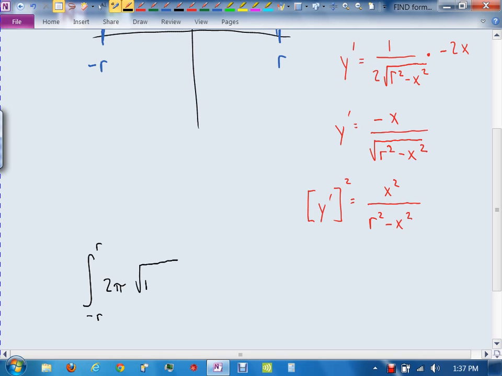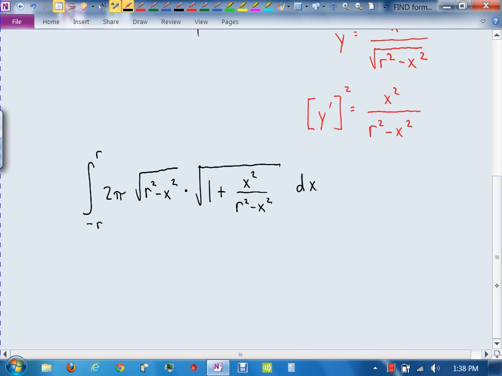Square root of r squared minus x squared times the square root of 1 plus x squared over r squared minus x squared dx. Which looks horrendous, doesn't it? It's not that bad though. Okay, it's really not that bad. Y'all ready to go after this?